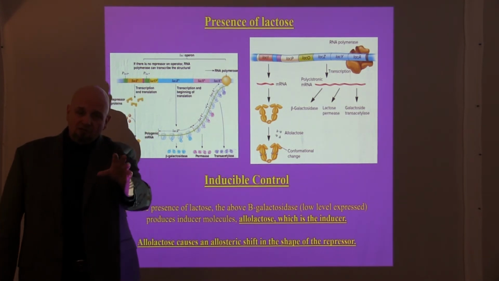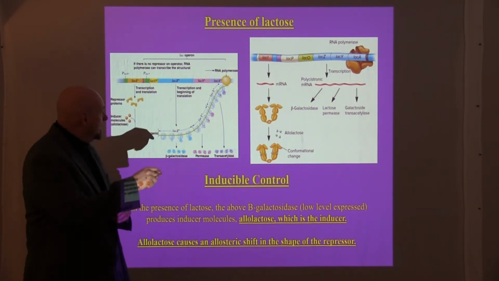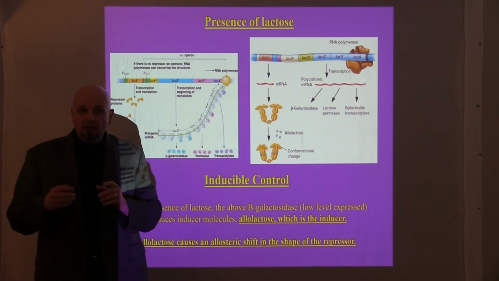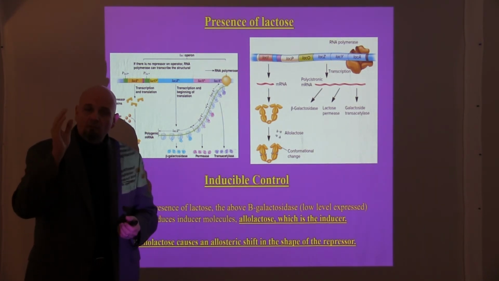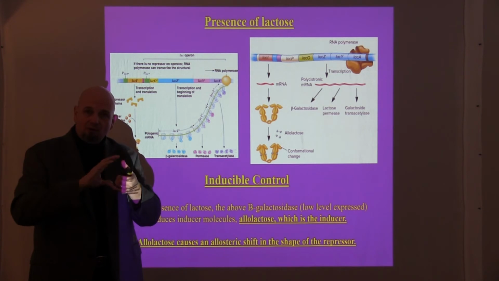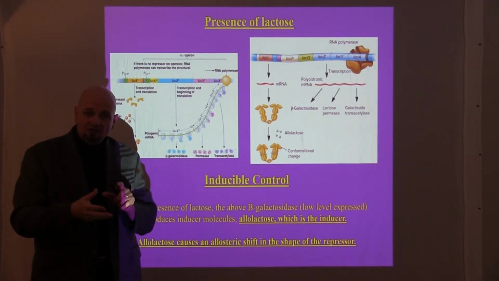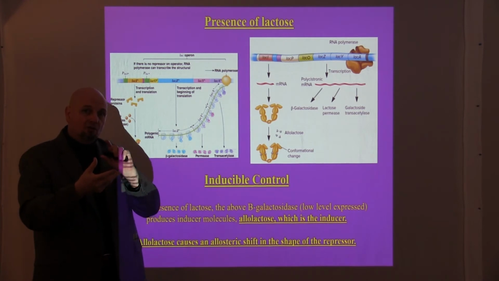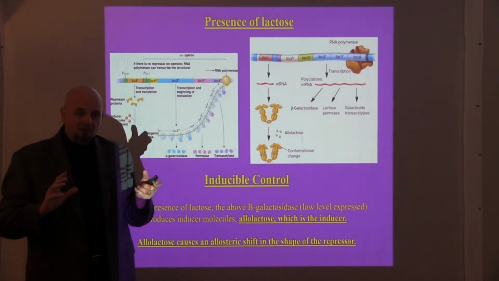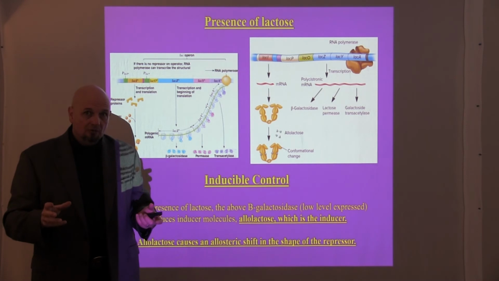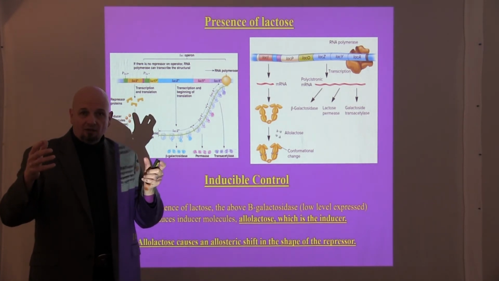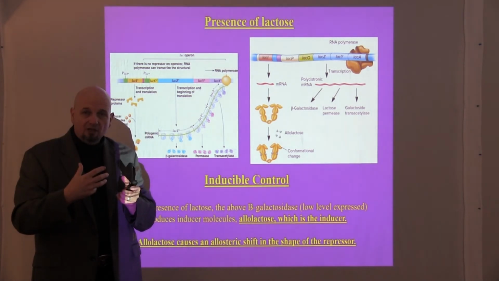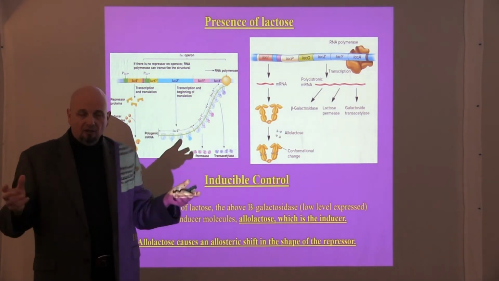That will bring it into the cell, and then the beta-galactosidase, this one here, will start to utilize it. And as I mentioned before, because it's not always a perfect binding when it does its activity, what will happen is the lactose will be conformationally changed into another isomer, which is allolactose. Later on, if that allolactose binds to another enzyme of beta-galactosidase, it will cut it in half.